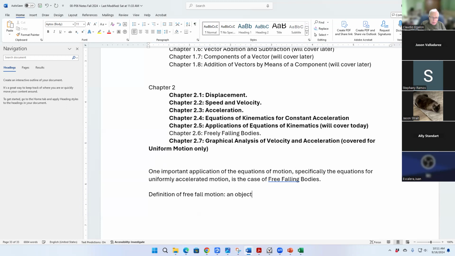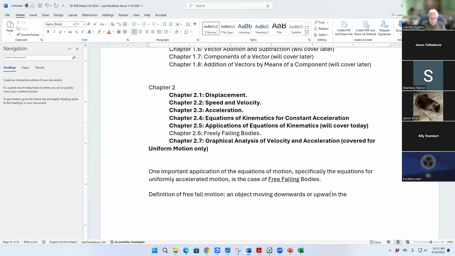An object falling can be either falling or rising, okay? So free fall does not necessarily mean that the object is just moving downwards. It also means that it can be moving upwards.